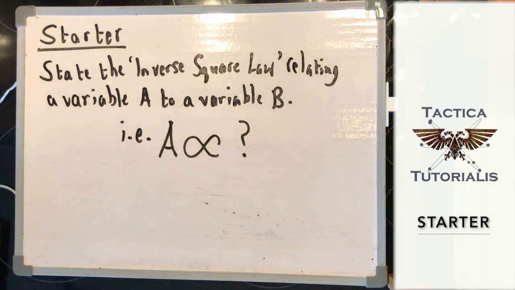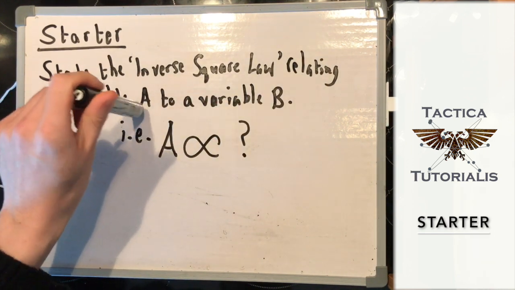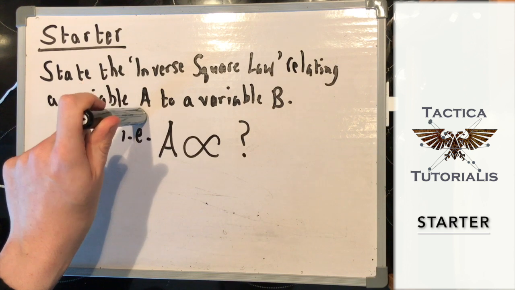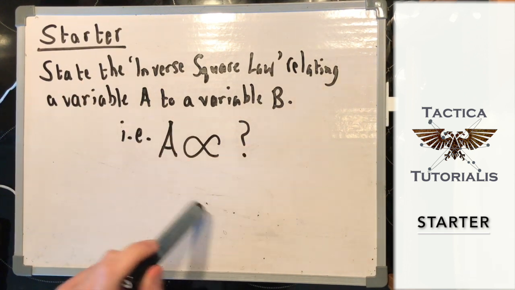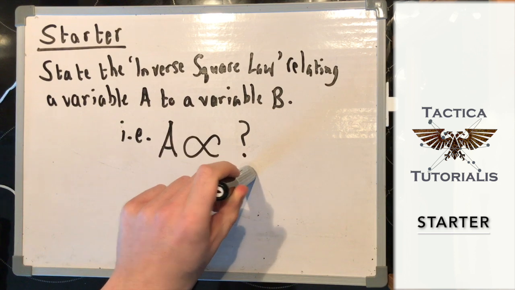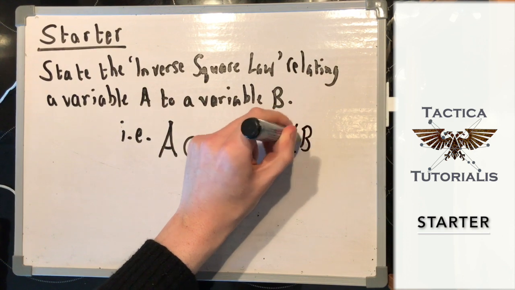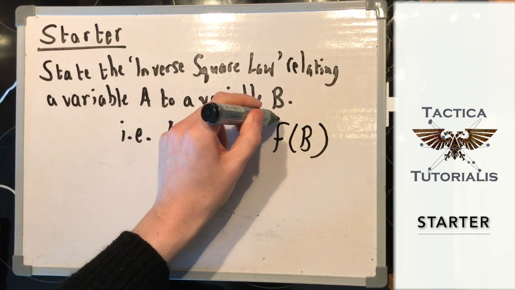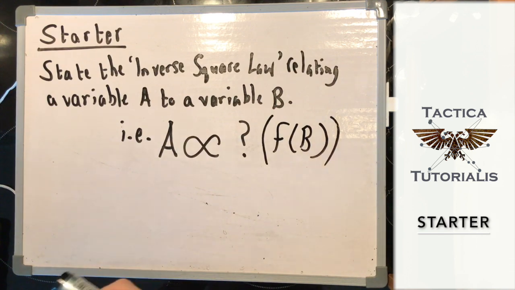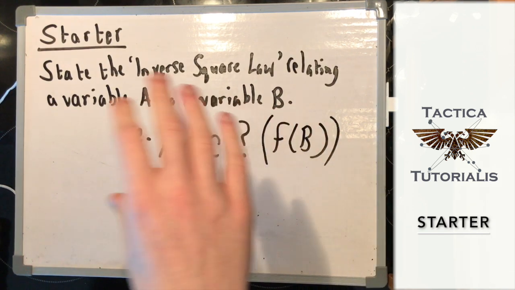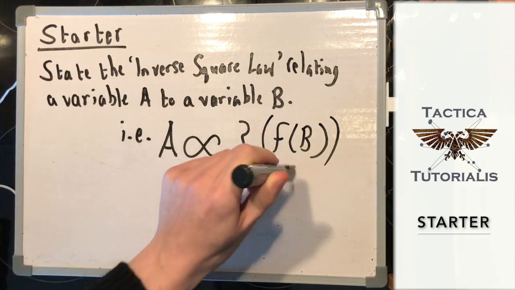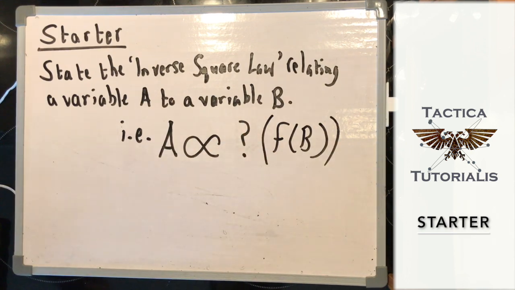So the formula goes using a proportionality, and the question I want you to try and answer goes as follows. State the inverse square law relating a variable which I'm going to call A to another variable which I'm going to call B, i.e. A is proportional to something, where that something is what we would call a function of B. So A is proportional to this function of B, and that function is known as the inverse square law.